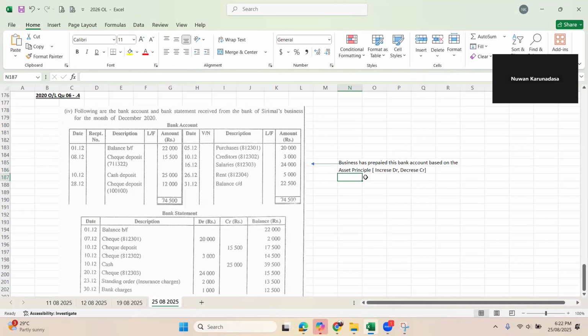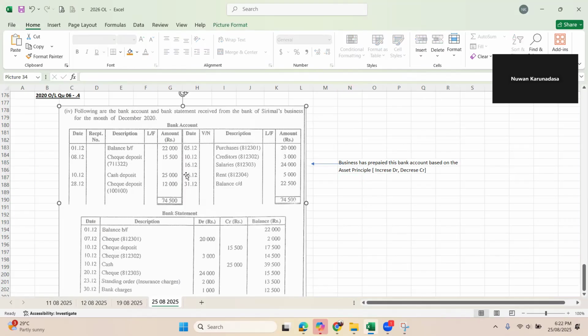This is the double entry system we have applied for the preparation of the bank account. You can see here, date column is there, then the receipt note number, we have learned the format of the cash book, right? Then the description is there, then the amount is there. On the credit side, date, description, and the amount. You can see finally, as per the cash book, we are having a balance of how much? 22,500.